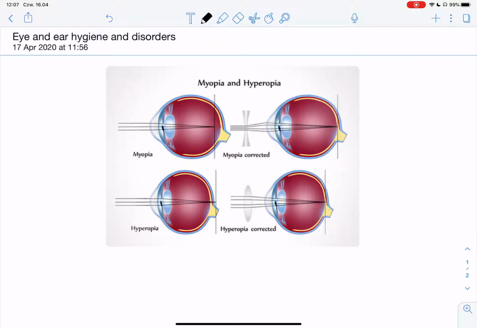And guys, an eye with a correct construction is able to refract light in a way that it will focus on the retina. And the retina, I'm reminding you, is the inner membrane of an eye that contains sensory cells. Those cells are able to translate the physical stimuli from the surroundings.